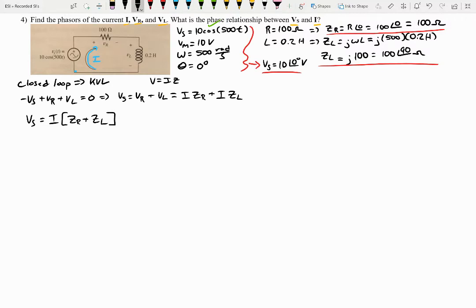Okay. So then now let's go ahead and rearrange this. If we're trying to find the current, we will just do V of S divided by Z of R plus Z of L.